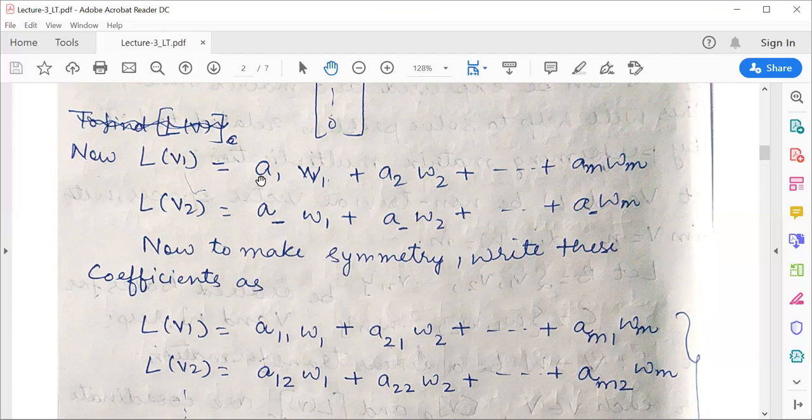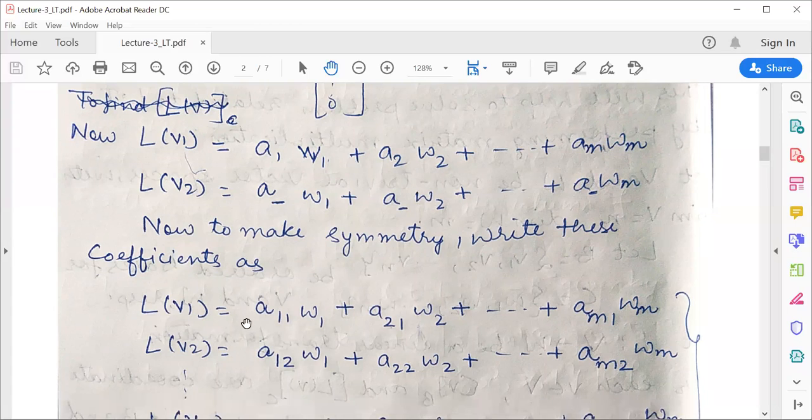So rather than writing only A1, A2, Am, let us write it in matrix notation. L of V1 will be written as A11 W1 + A21 W2 + ... + AM1 WM. Here, this first suffix means this is the scalar of the first basis element of W, W1.